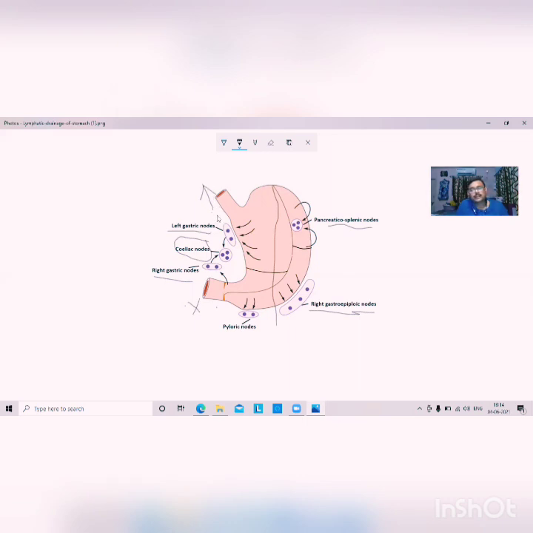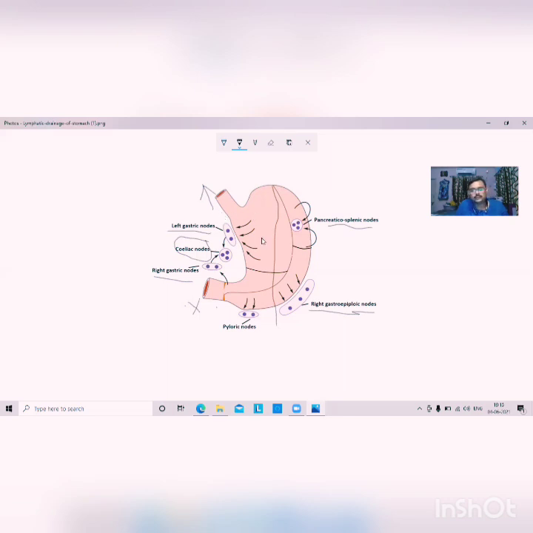That is why the muscular lymphatic plexus is continuous with the esophageal lymphatic plexus.